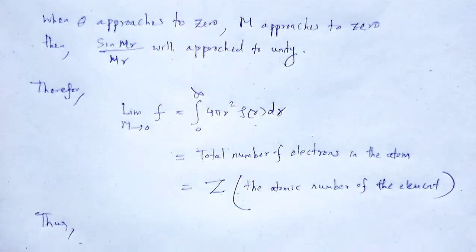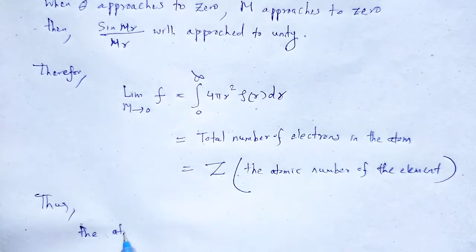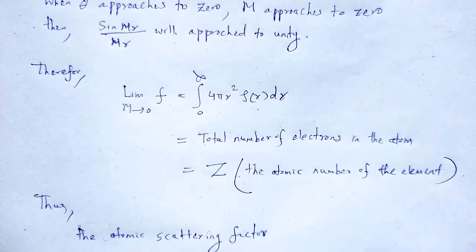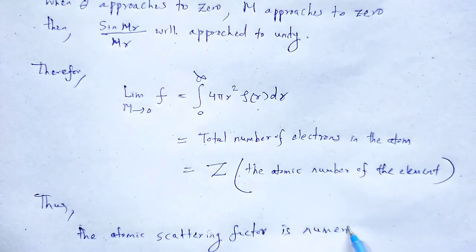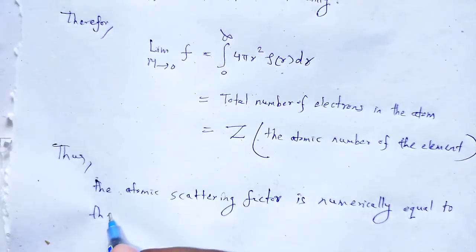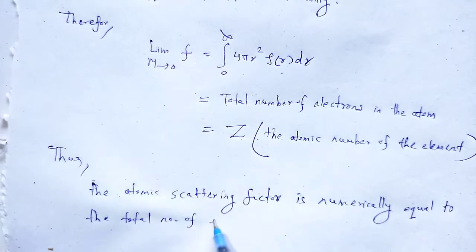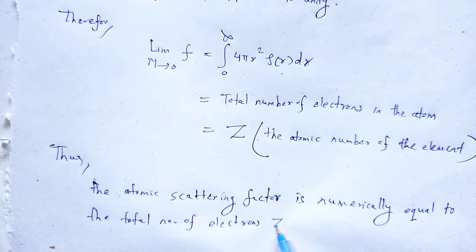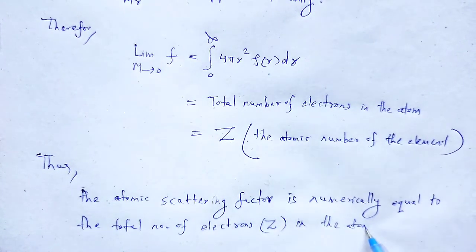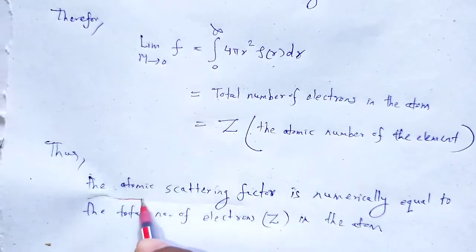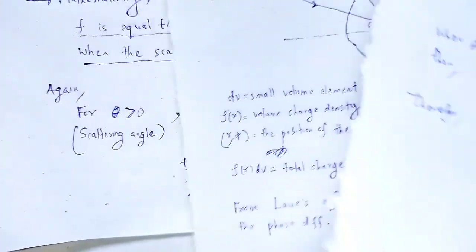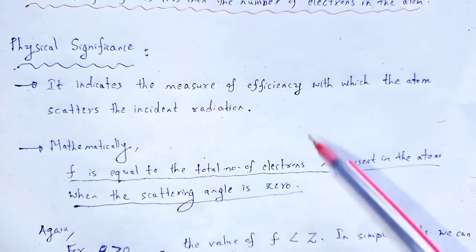Thus, we conclude that the atomic scattering factor f is numerically equal to the total number of electrons Z in that atom. This is the physical significance of the atomic scattering factor.